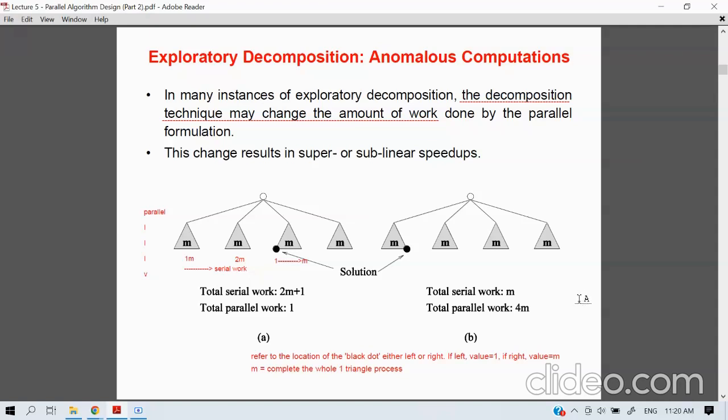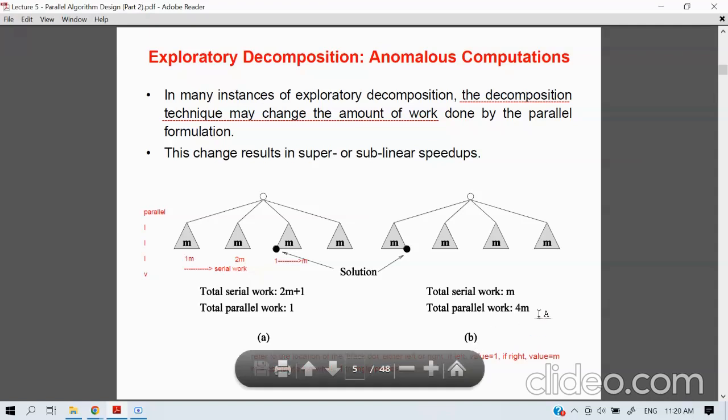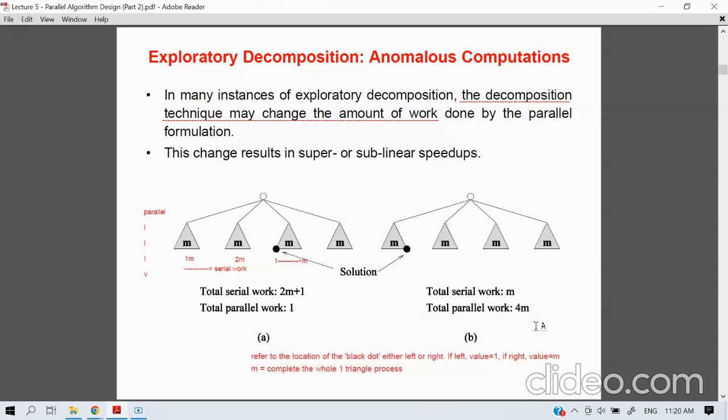I give you 1 minute to think. Why is A 1 and B 4M? You may write down your answer in the message box also if you don't want to explain verbally.